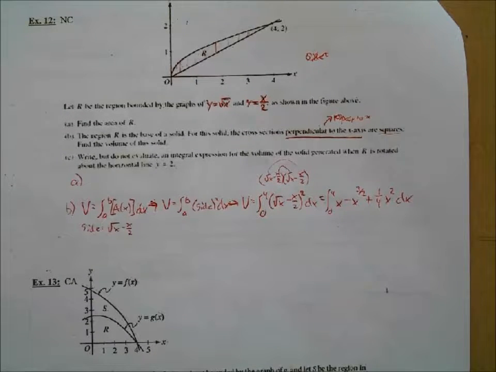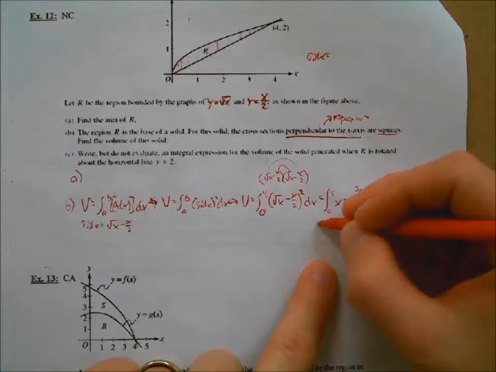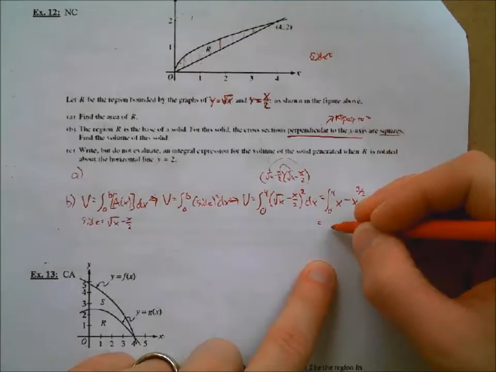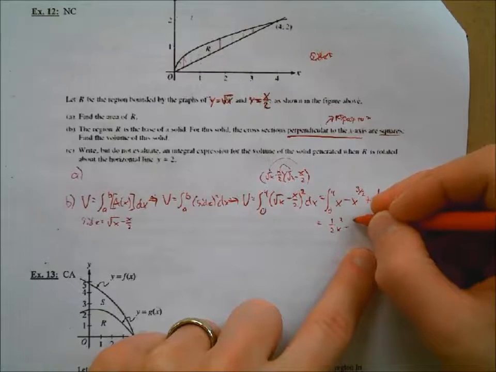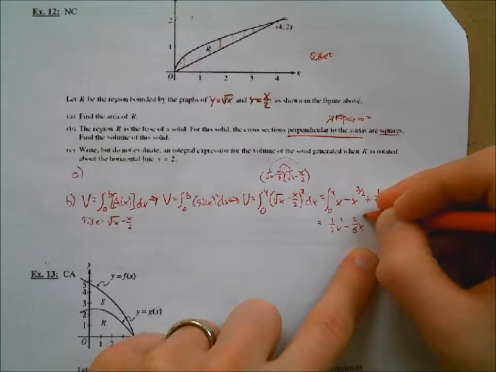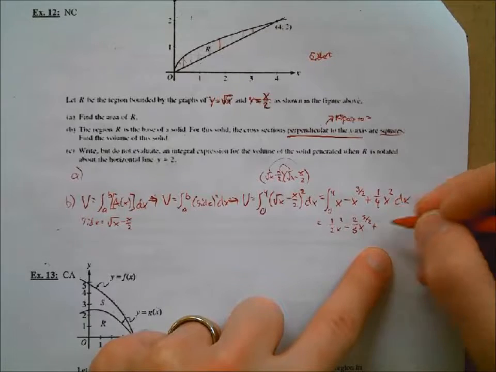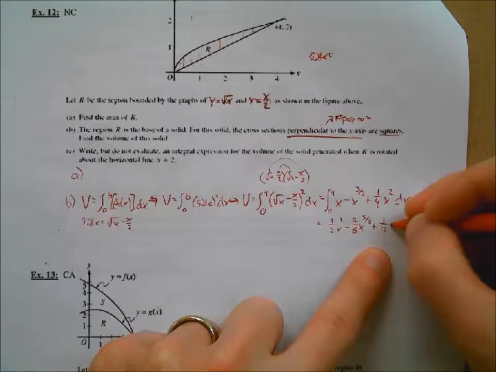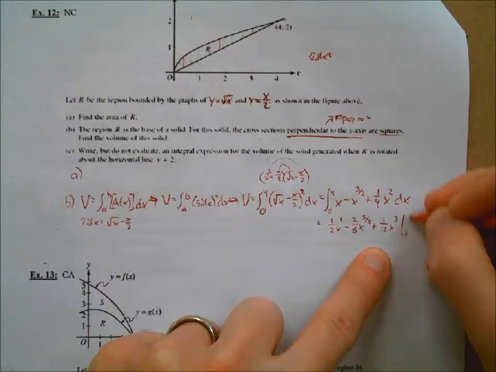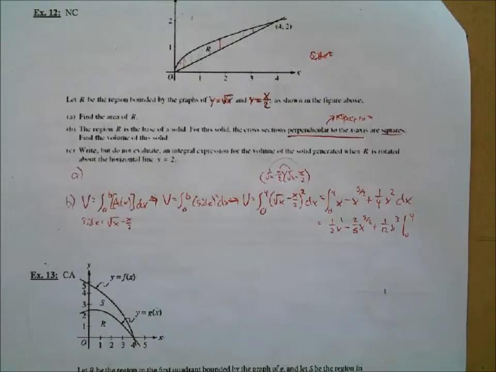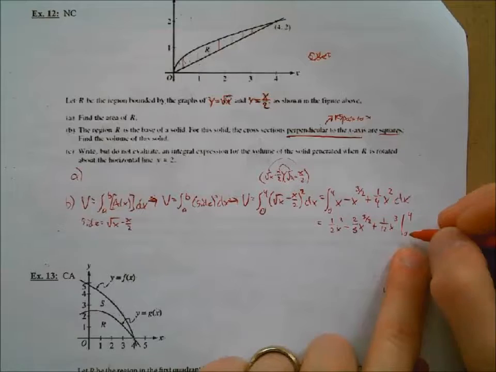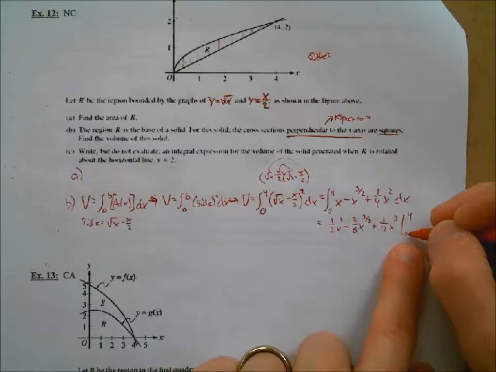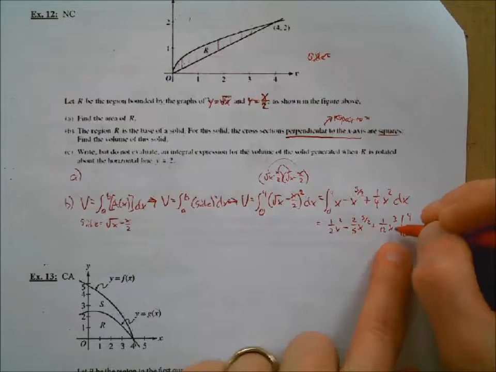Of course, it asks us to actually integrate this, so I'll go ahead and do that. You get 1/2 x squared minus 2/5 x to the 5/2 plus 1/12 x cubed, evaluated from 0 to 4. Our lower limit of integration, thank God, is 0, so plugging 0 in for all of these gives 0.